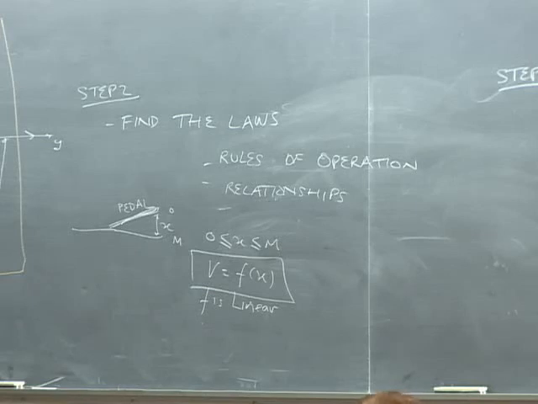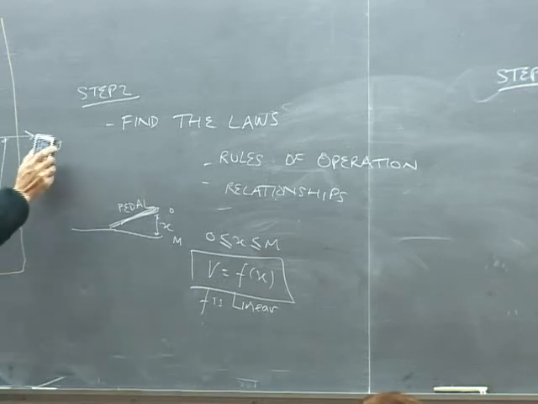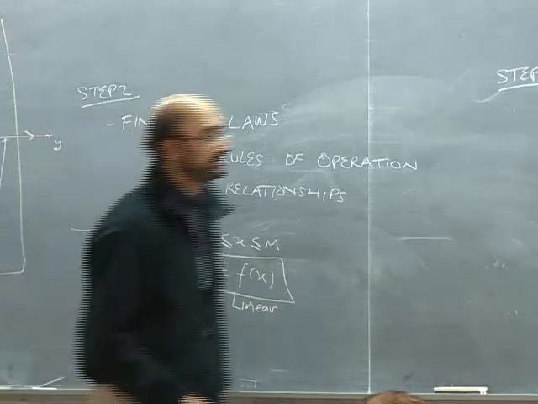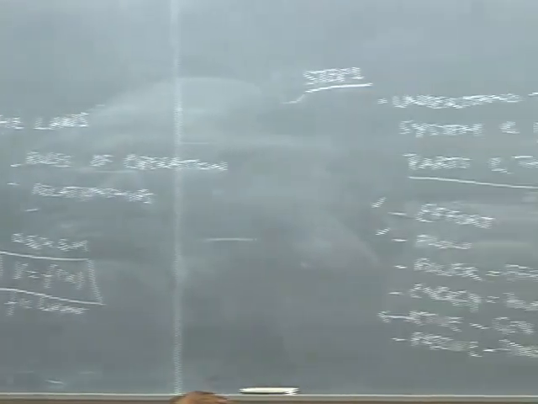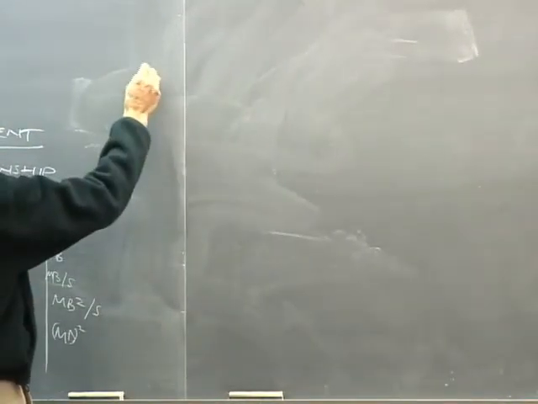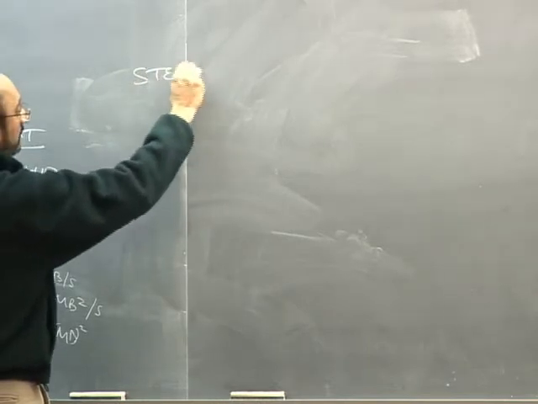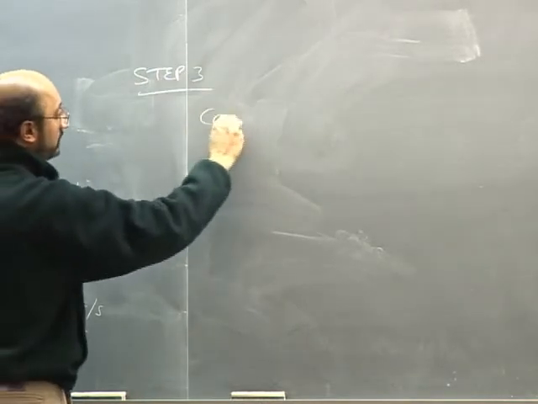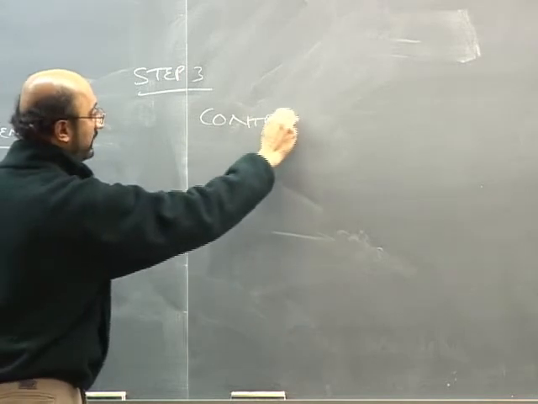So these are the laws, and then finally we have to do step 3. Step 3 is the control goal. What is the control goal that you want to achieve?